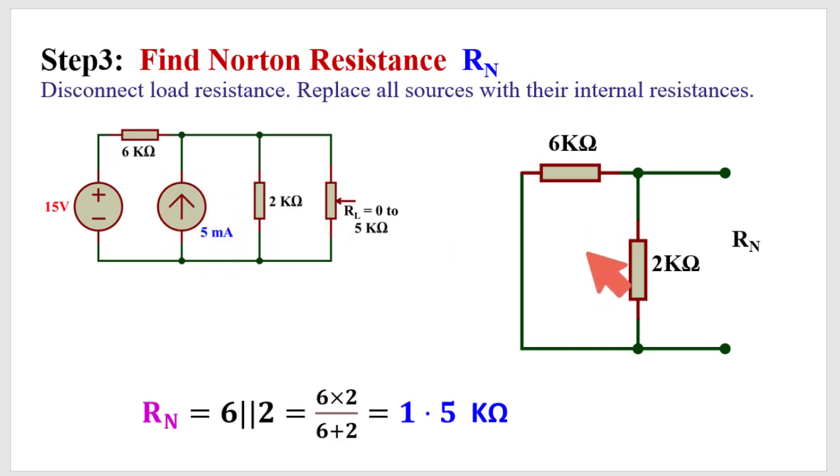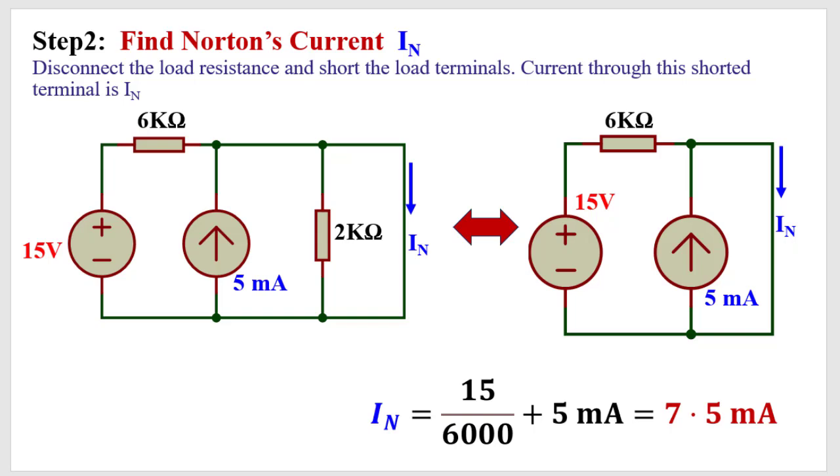Ultimately we will get this resistance combination. It is very easy: when we walk from here, I get two paths. So 6 kilo ohm and 2 kilo ohm are in parallel, and the equivalent resistance is 1.5 kilo ohm. So RN is 1.5 kilo ohm and IN is 7.5 milliampere.